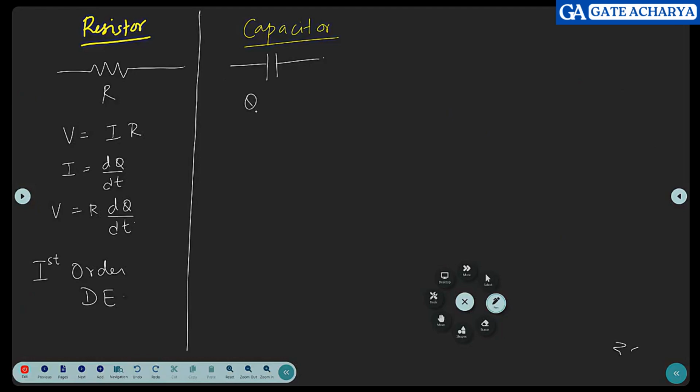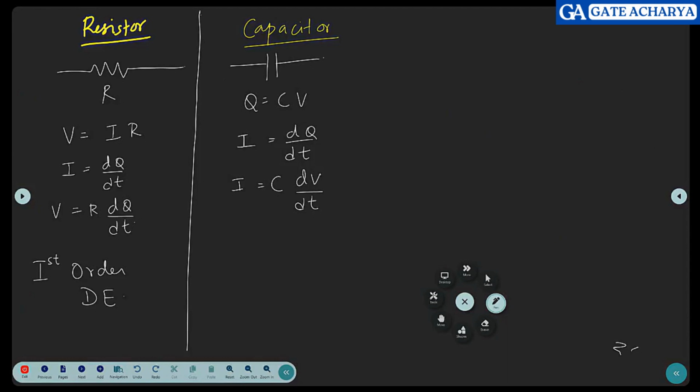Very good, Q equal to CV. So you could say I equal to dq by dt, or I equal to C dV by dt, where C is a constant, something to do with the geometry, so the constant comes out.